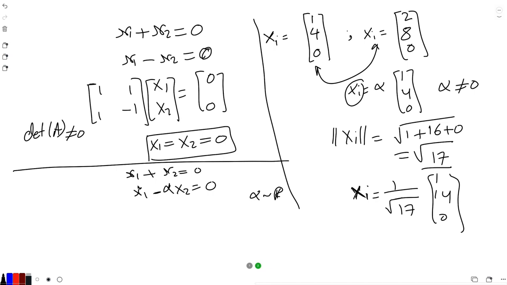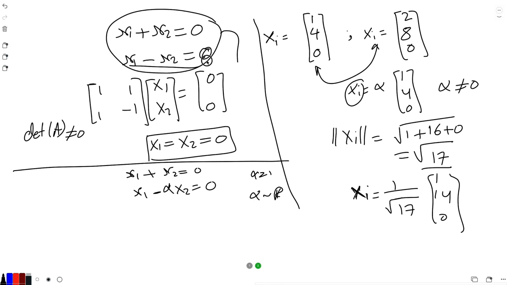I repeat. Now, if alpha equals 1, then I will have the same as the previous one, and with the previous one, if you try it, you will never find another solution than x1 equal to x2 equal to 0, and you can check it here.